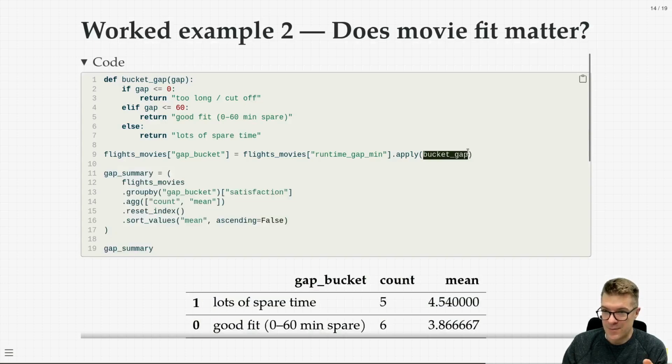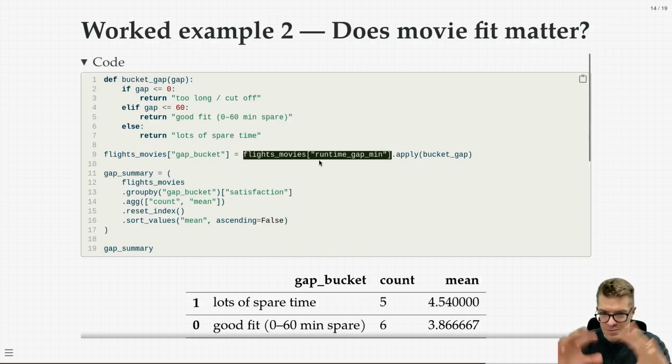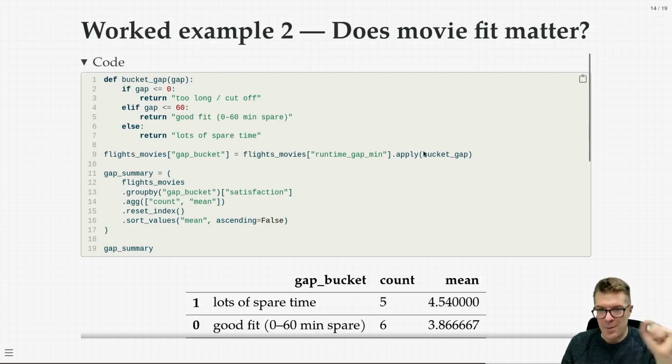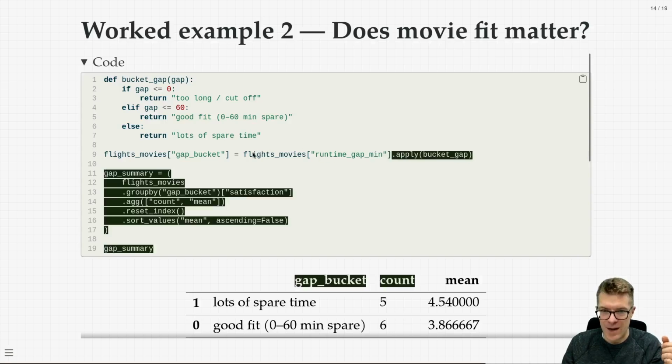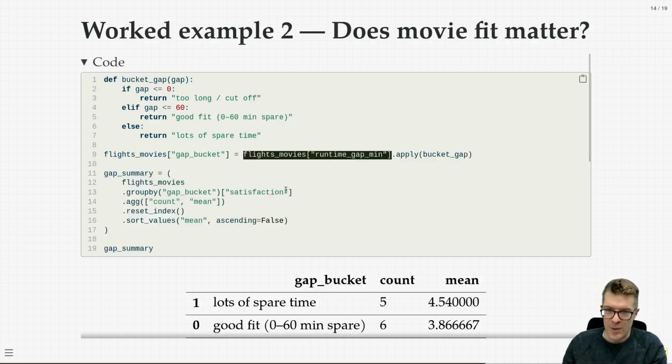This says for every value in the column flights movies runtime gap minutes, apply the function bucket gap to that value. Everything I'm highlighting here is a vector of numbers, like a list of numbers.